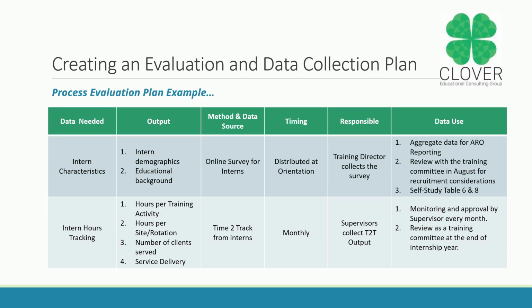But I also want to use the data to review with the training committee at least once a year, maybe in August, so that we can consider some recruitment techniques or if we need to target different populations of students. If you can add a date for when you need to aggregate that data for ARO or when your self-study is coming up, it's a good idea to include dates under this category.